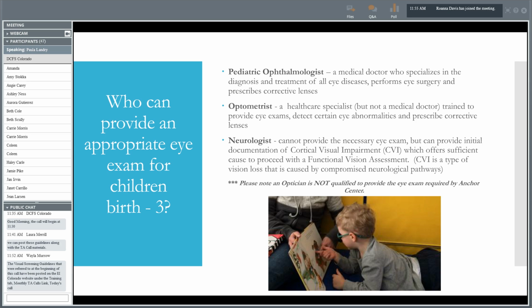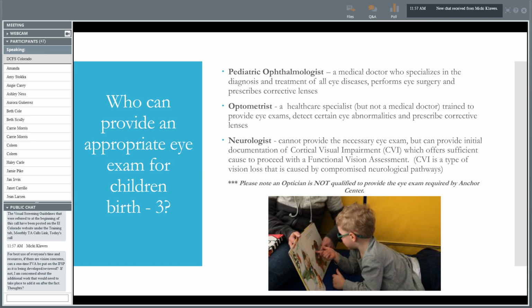But we've really had some good conversations with some of our local pediatric ophthalmologists and neurologists, and we've seen a lot more referrals and diagnoses of cortical visual impairment from neurologists than we have in the past, which is wonderful. We like to see that because it gives us, again, a head start on some of these kiddos and those types of things.